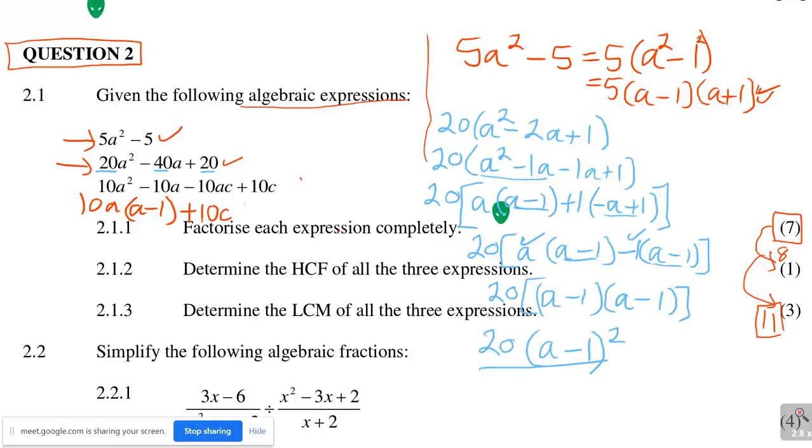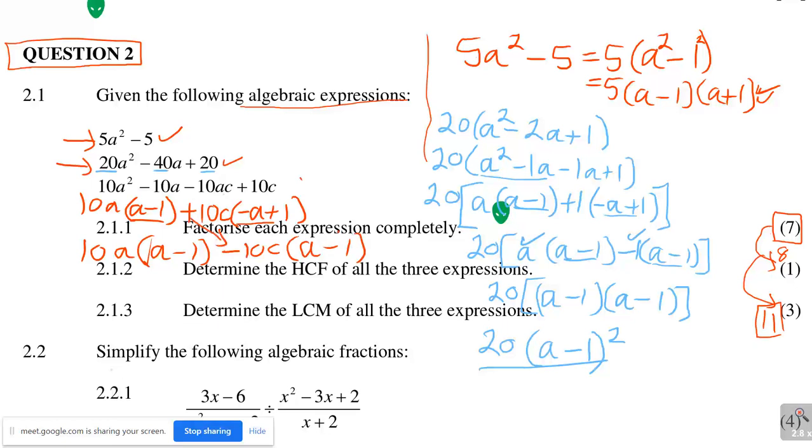It's c common. Then 10 into negative 10 is negative 1, which is negative a. You see that one? Because a is remaining there. And then 10c is plus 1. So you see that the signs are just different there. So I will say 10a times (a minus 1), and then minus 10c times (a minus 1). Remember the interchanging of that sign?